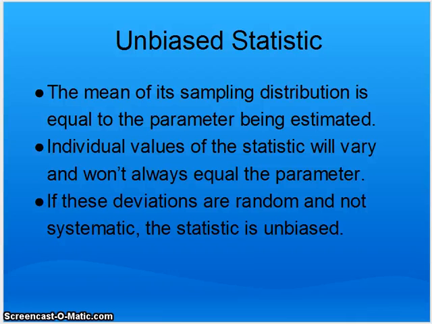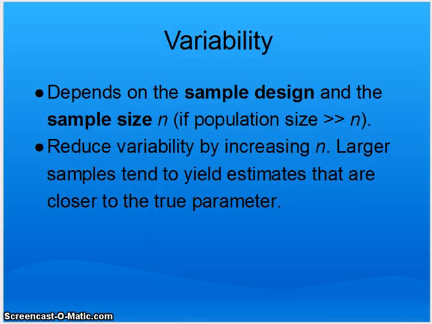And it's a very valuable characteristic in a statistic, and it's something that you want to design your data gathering process for, so that you can reduce or eliminate bias as much as possible. Variability, on the other hand, is this tendency of sample statistics to take on different values in different samples. This is going to depend on the sample design and the sample size, as long as the population is much larger than the sample.